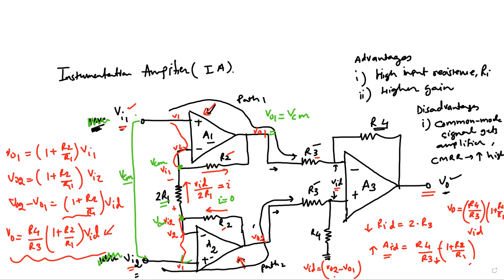And VO2 is also VCM. So the VCM comes here, and because of the third stage, which is a differential amplifier, the common mode signal is 0. Ideally, it will reject any signal common to its terminals. So that's how it will work. That's the story of the instrumentation amplifier. So we continue with this.